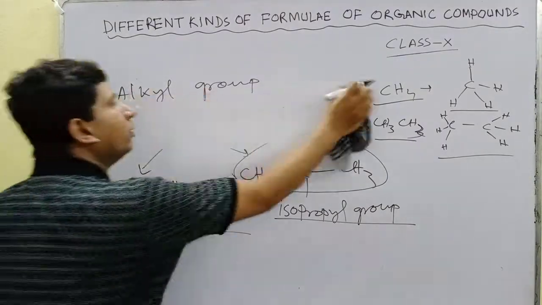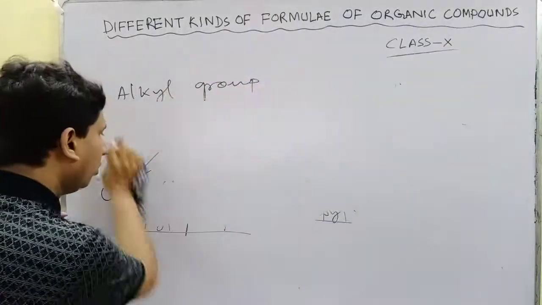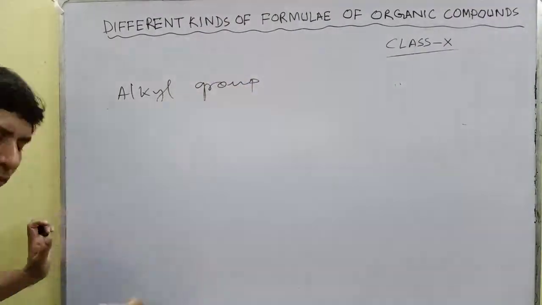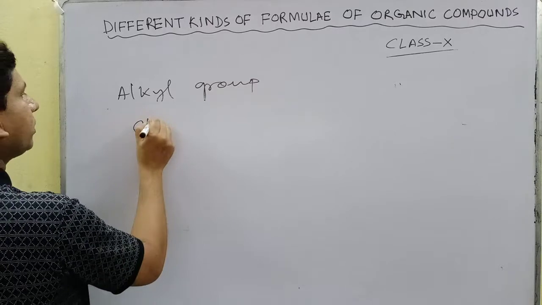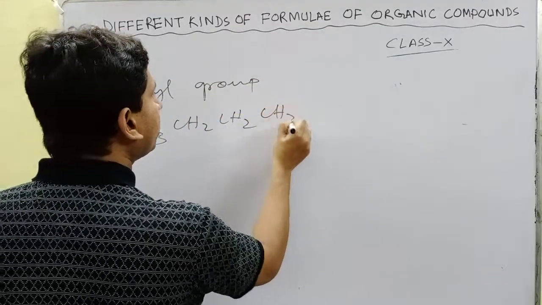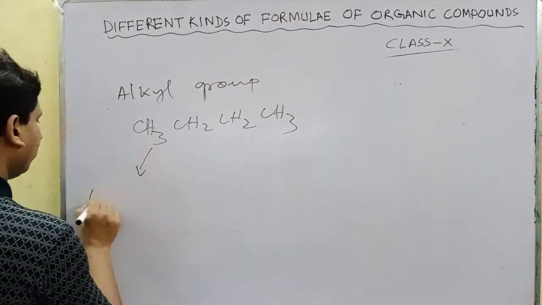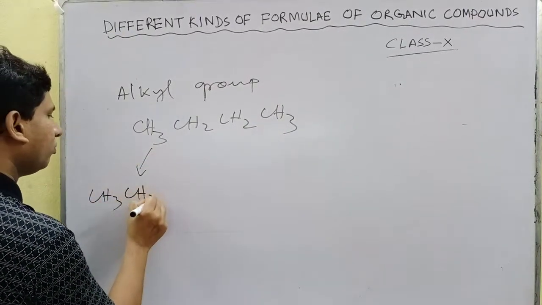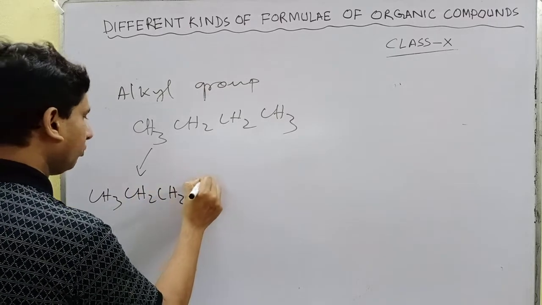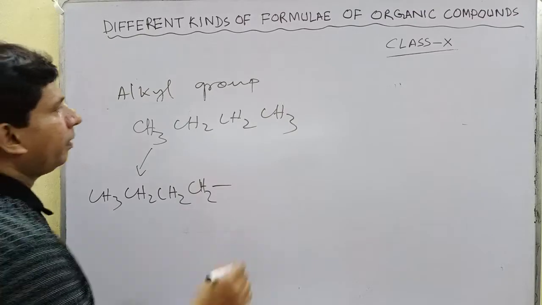Now like this, from butane, that is CH3 CH2 CH2 CH3, we can get butyl. This is the butyl group.